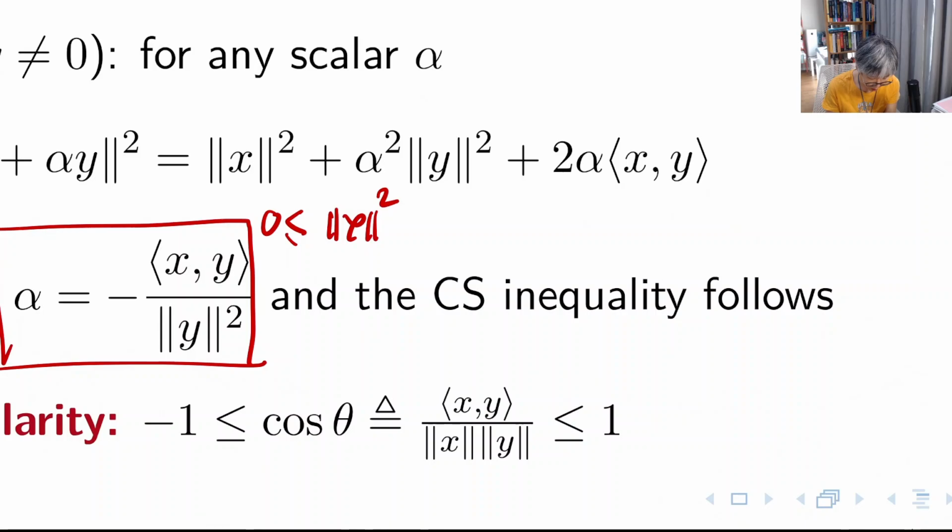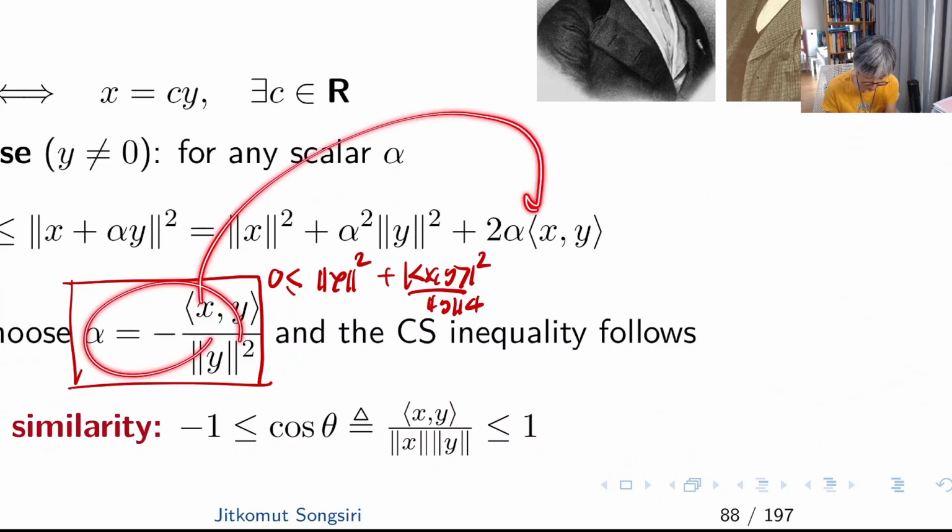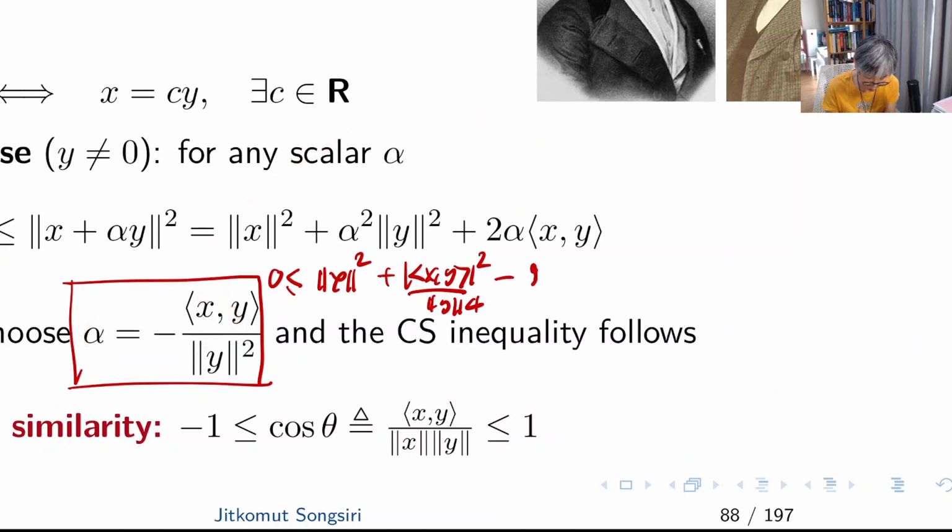And I just plug in alpha to this term, so I'm gonna get this, right? And then the other term, I just plug in, I'm gonna get negative 2 xy squared divided by this one. Sorry, this has to be square.